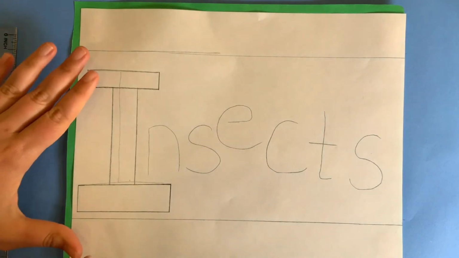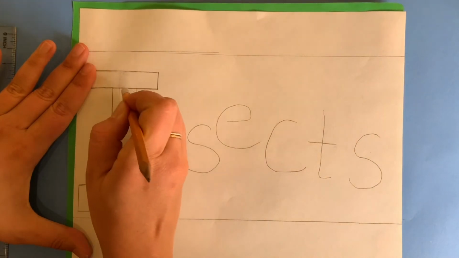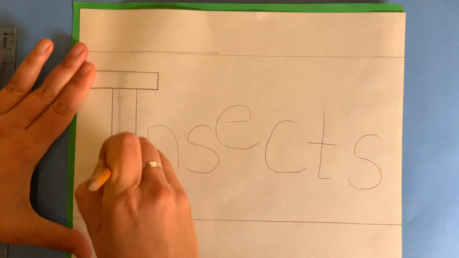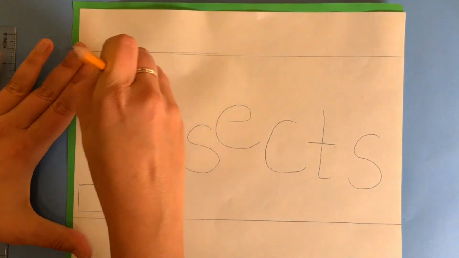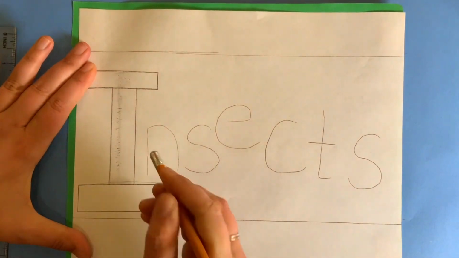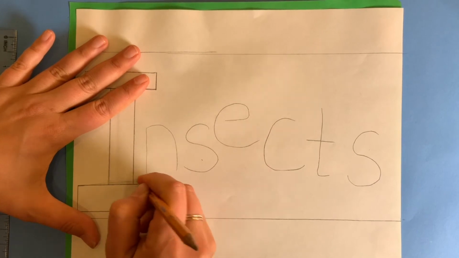Now this is the fun part. Get your eraser and erase that line where you were practicing writing the word insect. Okay? And these we're going to color, so this line is going to disappear.